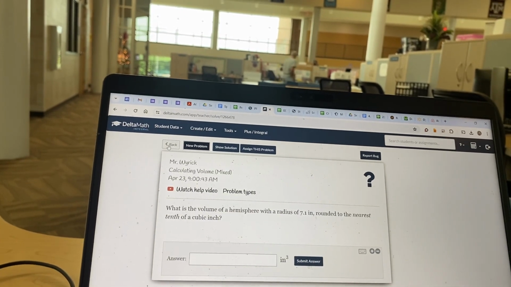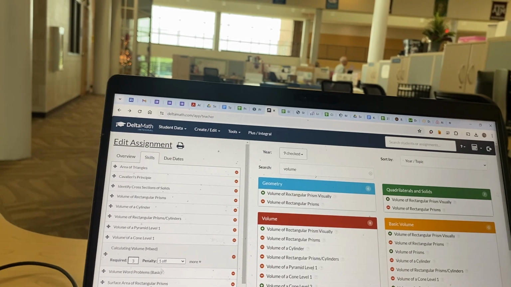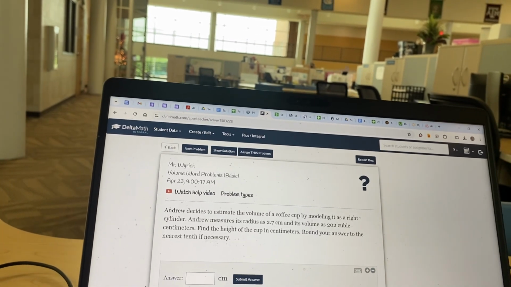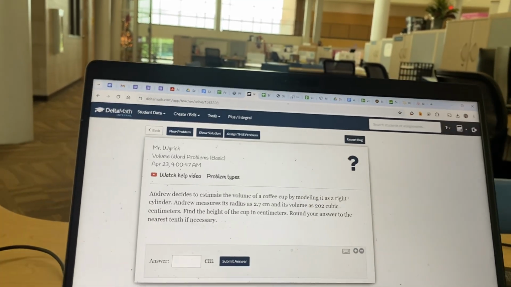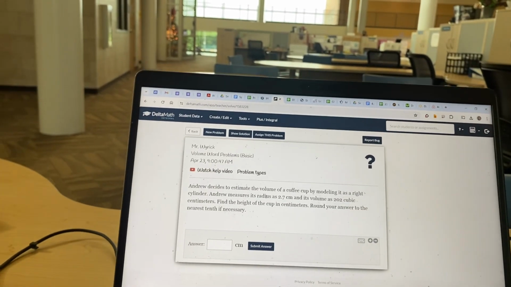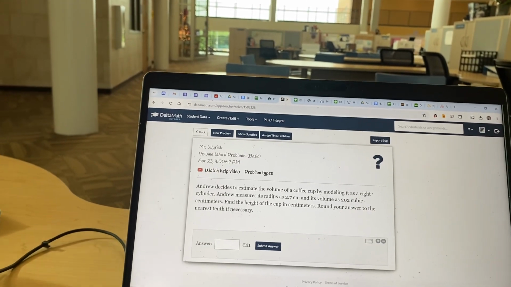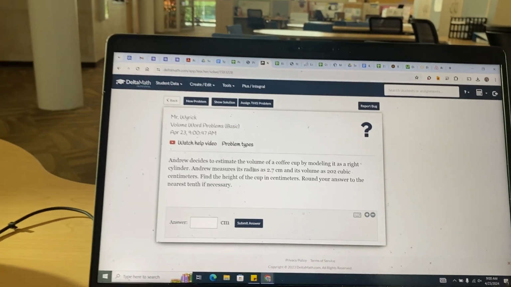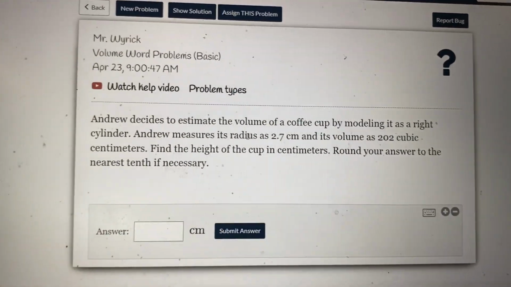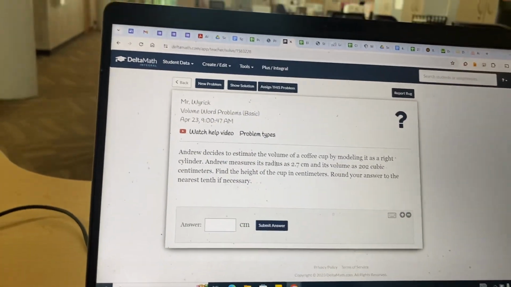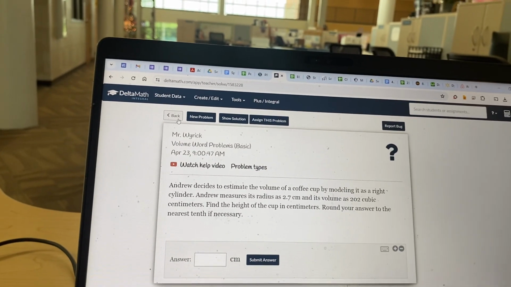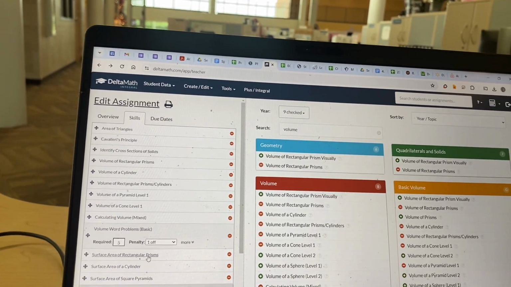So it's just a bunch of different stuff thrown together in that one, no big deal. The volume word problems, again, the coffee cup is going to be a cylinder, so it's pi r squared times the height. In this case, it's equal to that volume. So you're going to need to divide, work backwards, just put it into the formula. Everything should be fine. No big deal there.